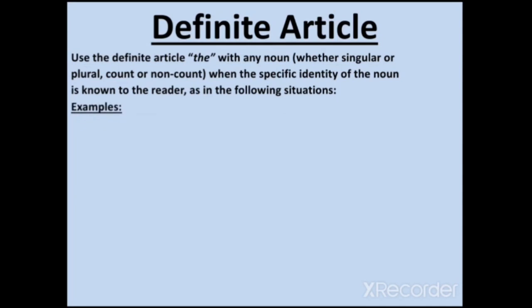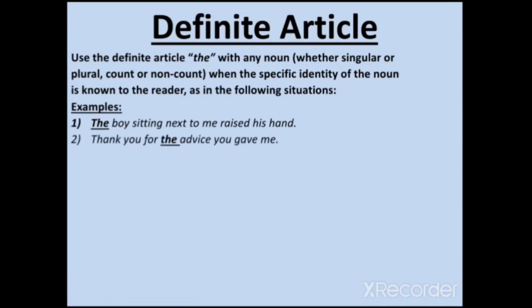For example, students, the boy sitting next to me raised his hand. It means that when I was sitting beside a boy, that boy I was indicating here. So we use the before that noun when we indicate a particular person.